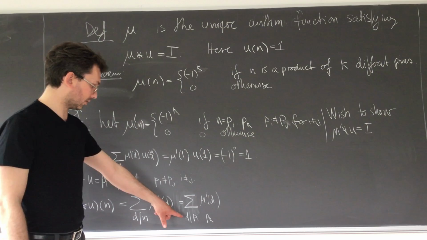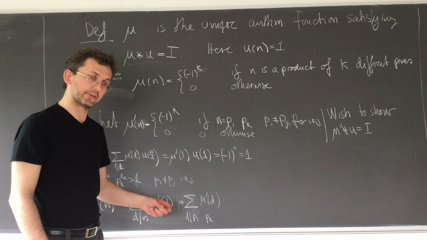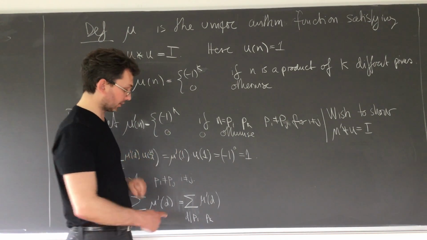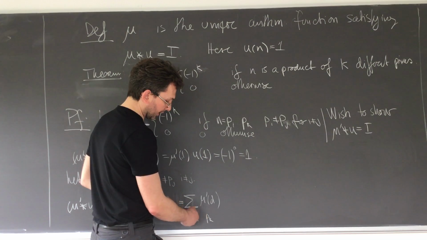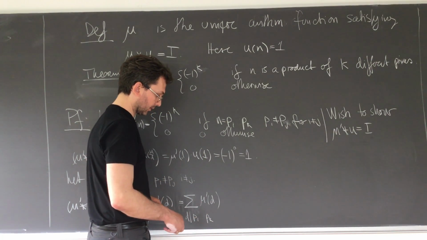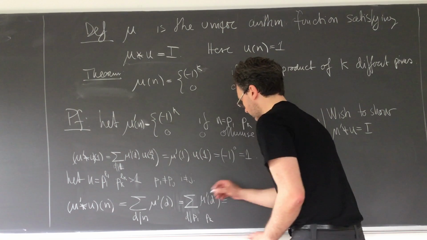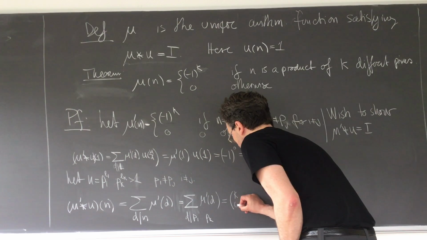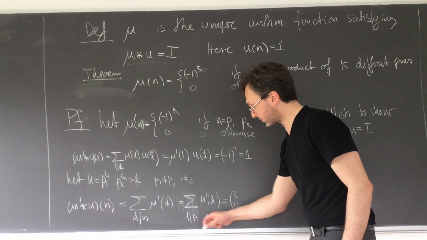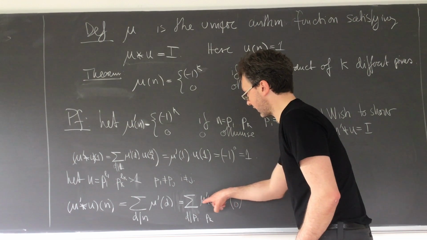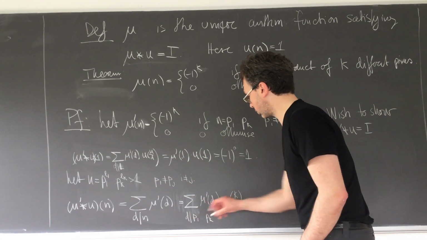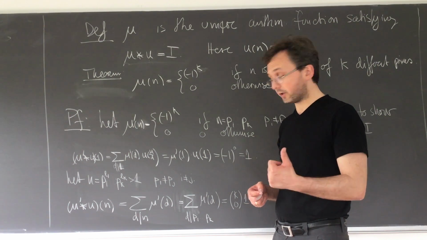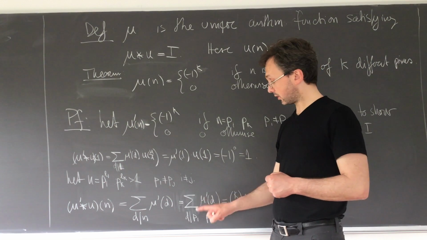Now I want to say what these divisors are. 1 is a divisor, which corresponds to not taking any of these primes. That is choosing 0 elements out of these primes, and the value of mu prime at 1 is 1. This is the only divisor with no prime divisors.